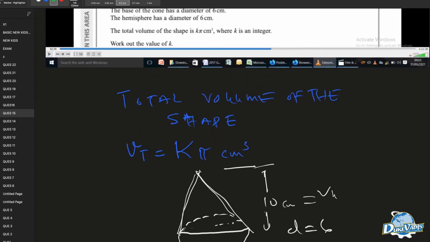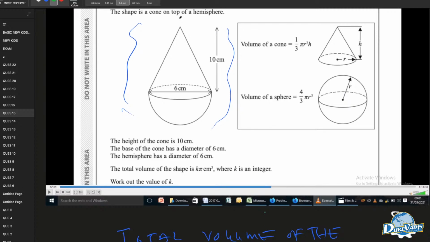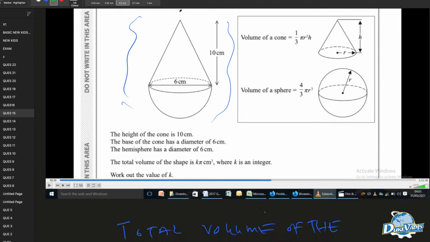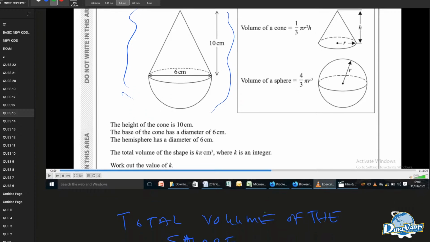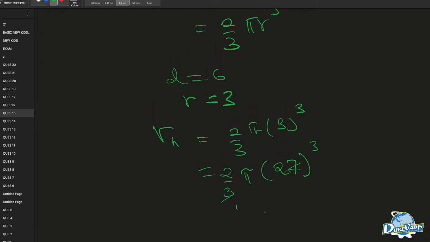So what do we get? 4 over 3 pi r cubed for the sphere, and when we do that, this goes here 3 times 2.